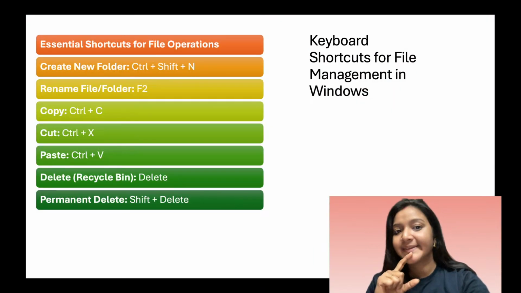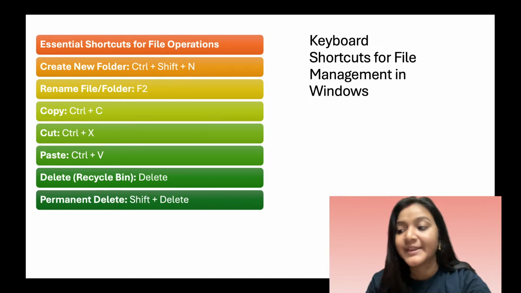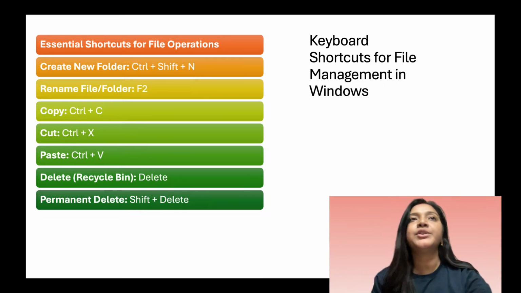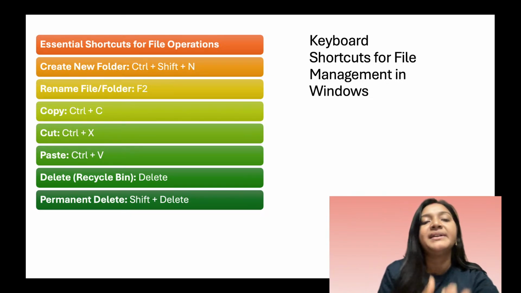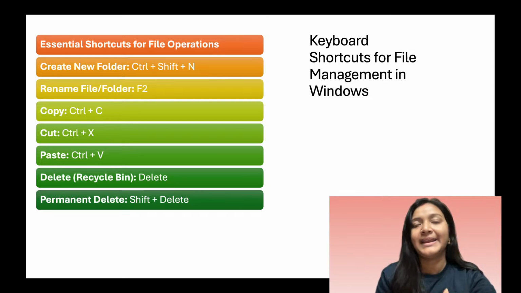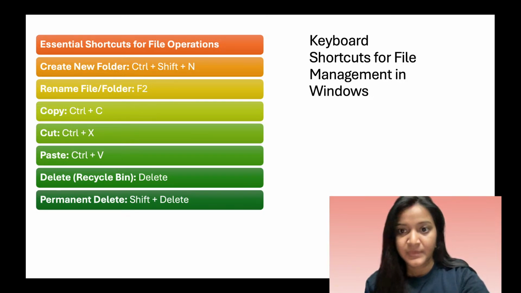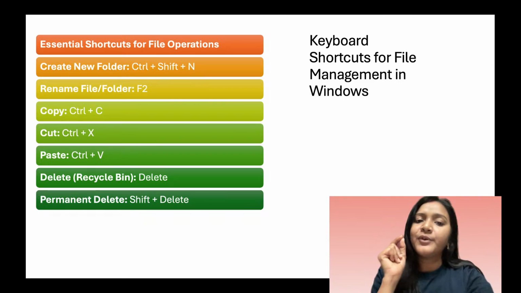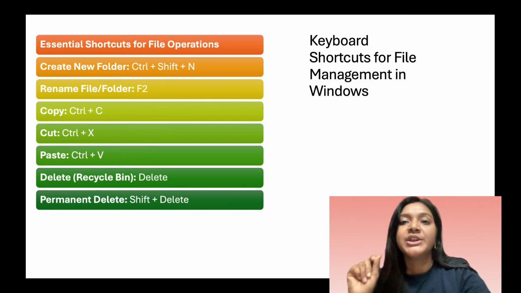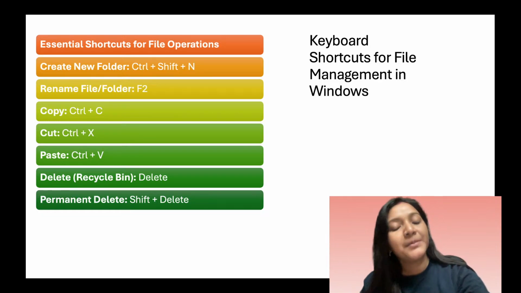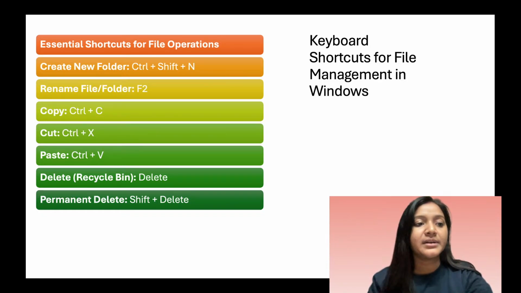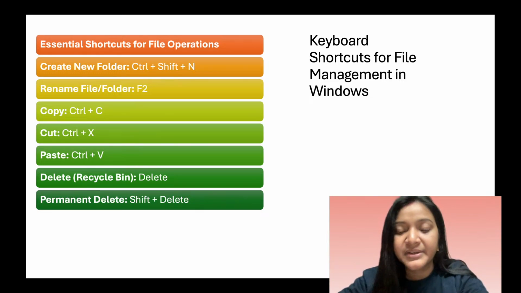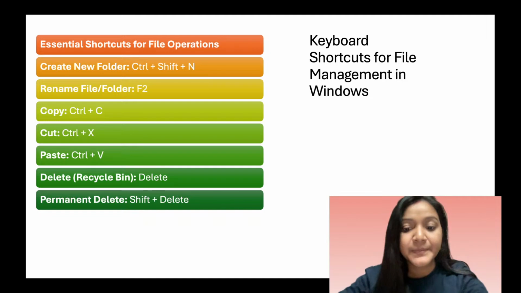What are keyboard shortcuts? When you have to perform any operation, like let's say you want to open a file from any software, like Microsoft PowerPoint, for every operation you can do it from the menu that is provided, or you can do it from the keyboard shortcuts.